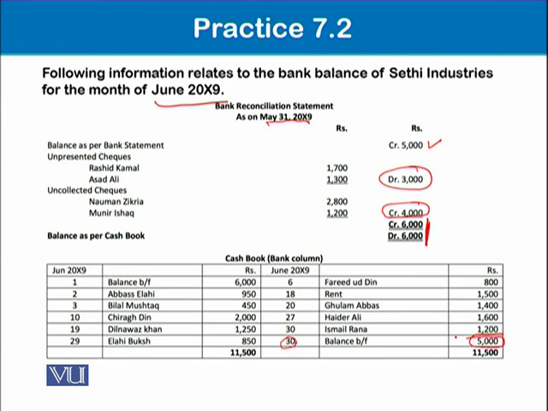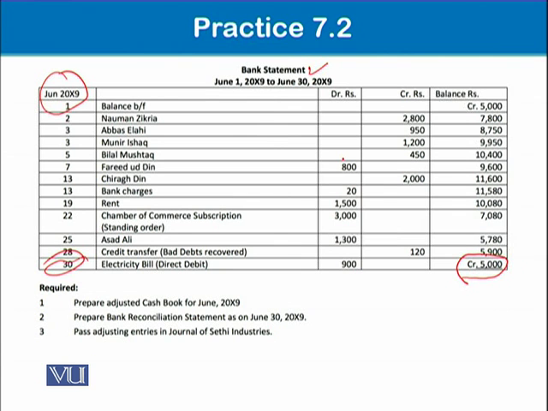First of all, the important thing is that in the previous month, the bank reconciliation statement was showing these two timing differences. So we will locate these two in our bank statement now. In the previous month, these checks were unpresented, Rashid Kamal and Asad Ali, 1,700 and 1,300. Now see whether these are appearing in the bank statement one by one.